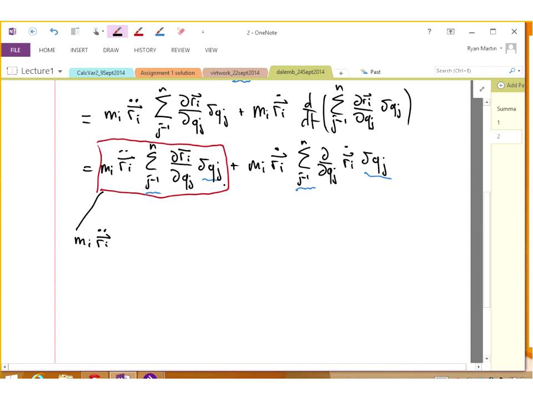I'm not going to write the sum term or the delta q_j. So then I just have partial r_i by partial q_j. That's the first term.